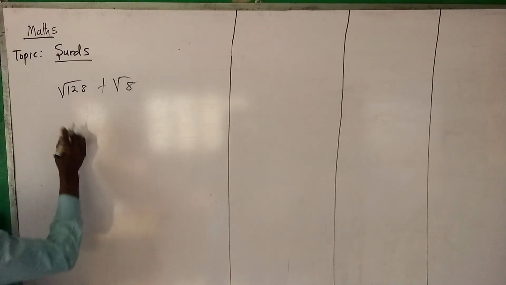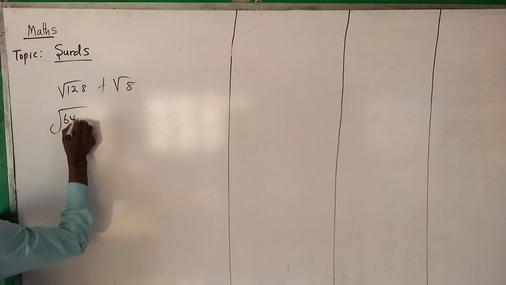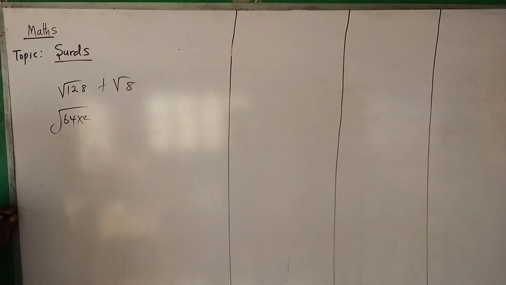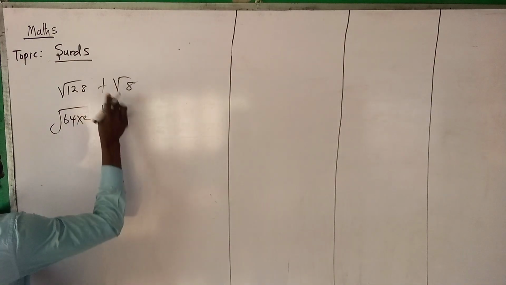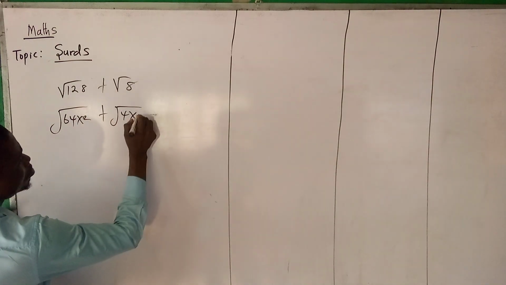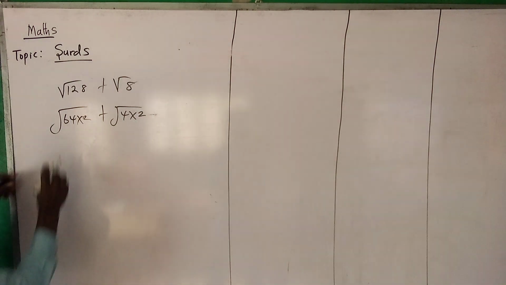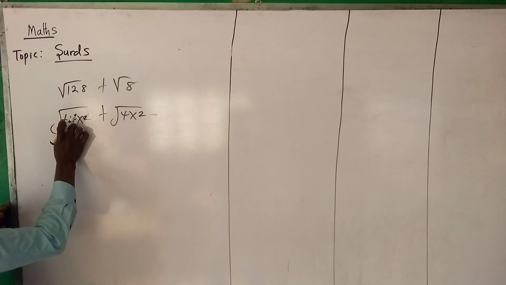And surd 128 is as simple as writing surd 64 times 2, right? Then plus, you can simplify surd 8 by writing 4 times 2, because 4 times 2 will give you 8.